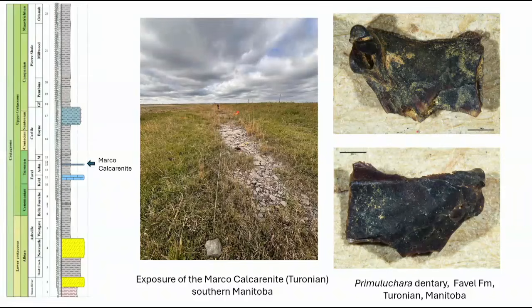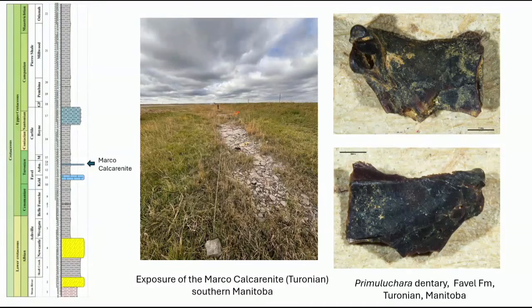So Aaron did his master's on this locality, which is a Turonian locality in Manitoba of limestone that he acid prepared and got a pretty interesting fauna of fish from the locality. And one of the specimens that he got was this jaw, which has the same kind of hinge as the ones from the Late Cretaceous and from Uzbekistan. So that's indicating its presence in the Turonian in North America.